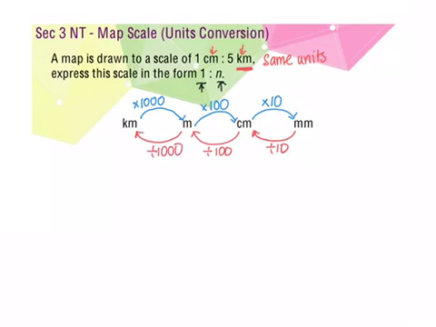So we'll start with our original scale, map and actual. Map says 1 cm. The actual is 5 kilometers. I need to make them the same units, so this side is still 1 cm.